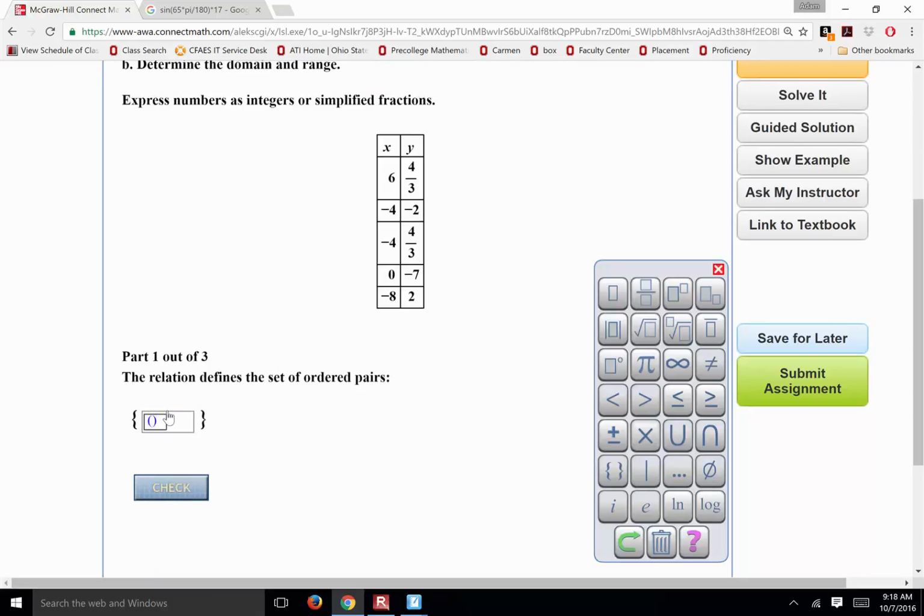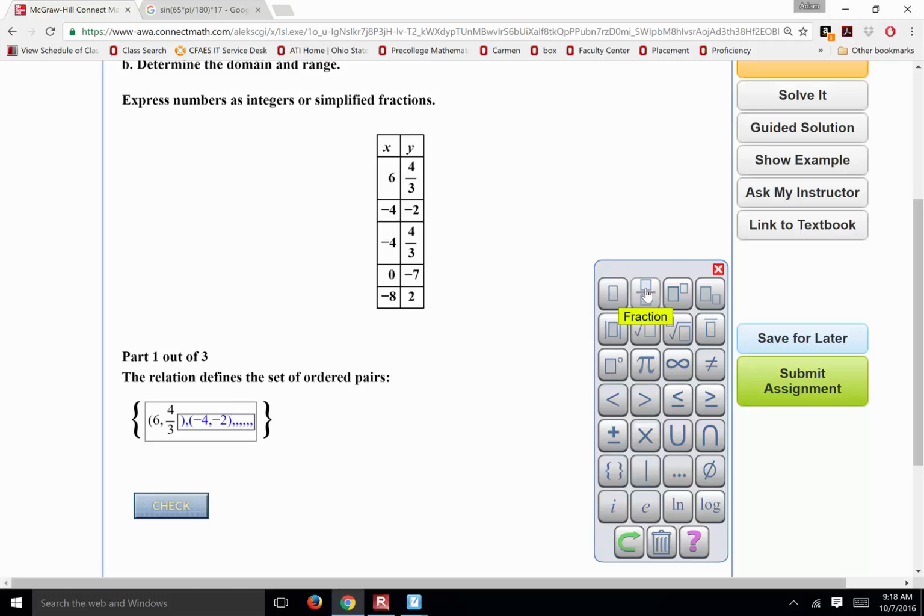They already have the curly parentheses for you, so you don't have to worry about that. 6, comma, to make a ratio again, you hit this, 4, 3, and close parentheses, comma, -4, -2, etc., etc.